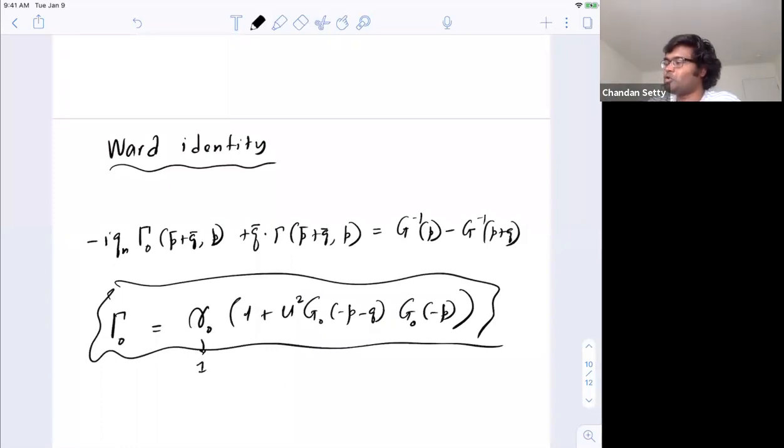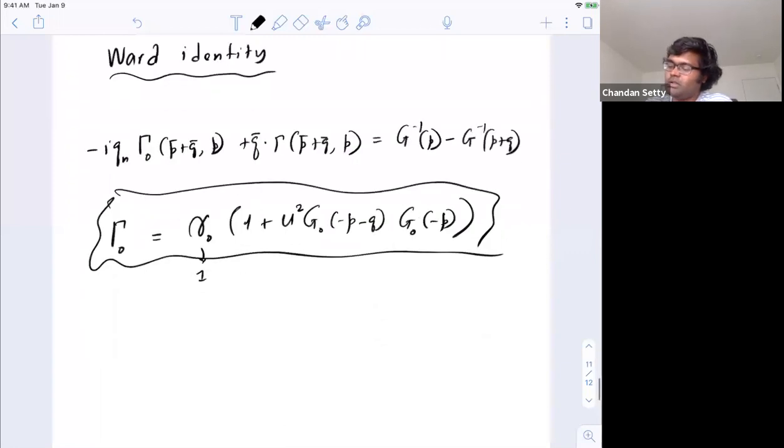Now, if you include this into the pair susceptibility, that is the diagram you would want to calculate, is the following.